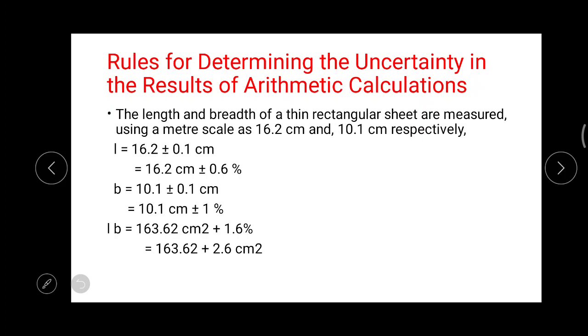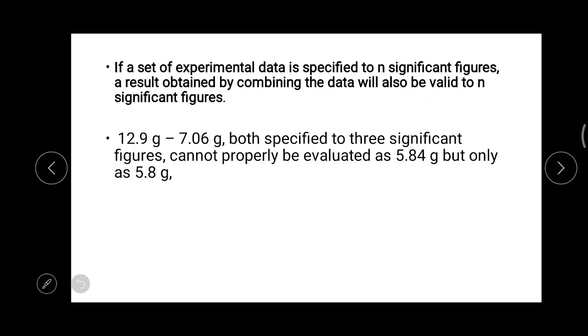Okay, now let us come to the next one. If a set of experimental data is specified to n significant figures, that means n is the number of significant figures, a result obtained by combining the data will also be valid to n significant figures.